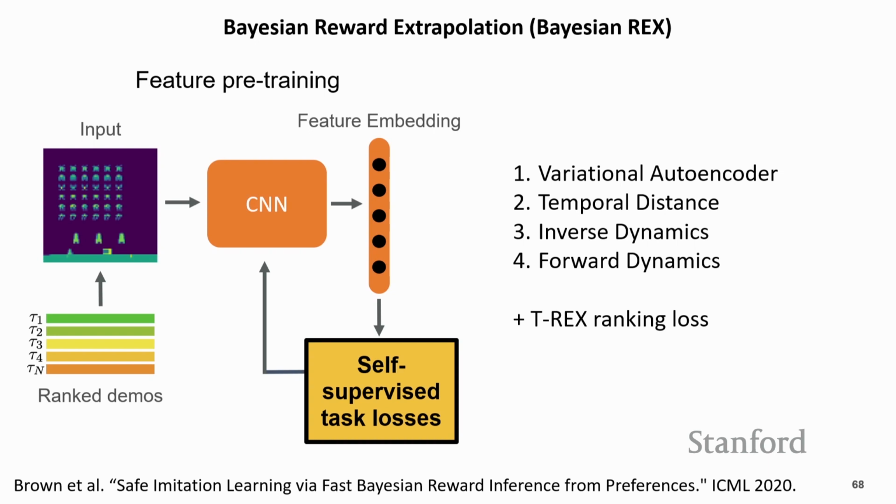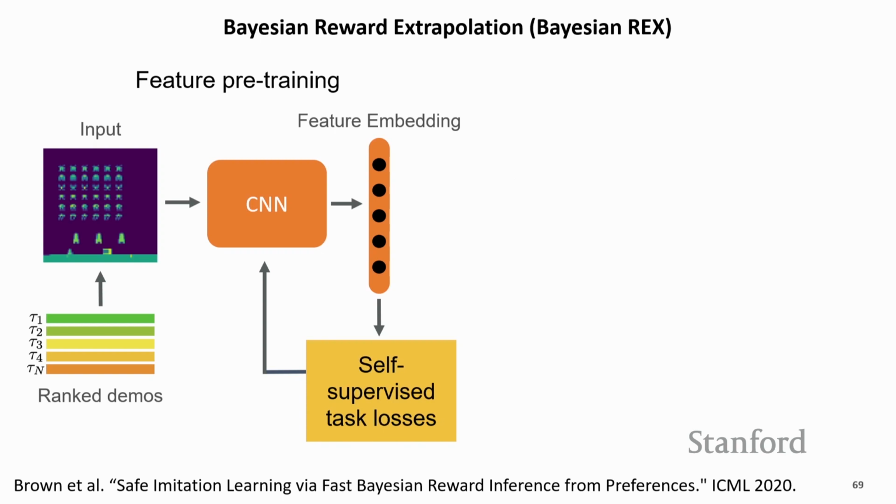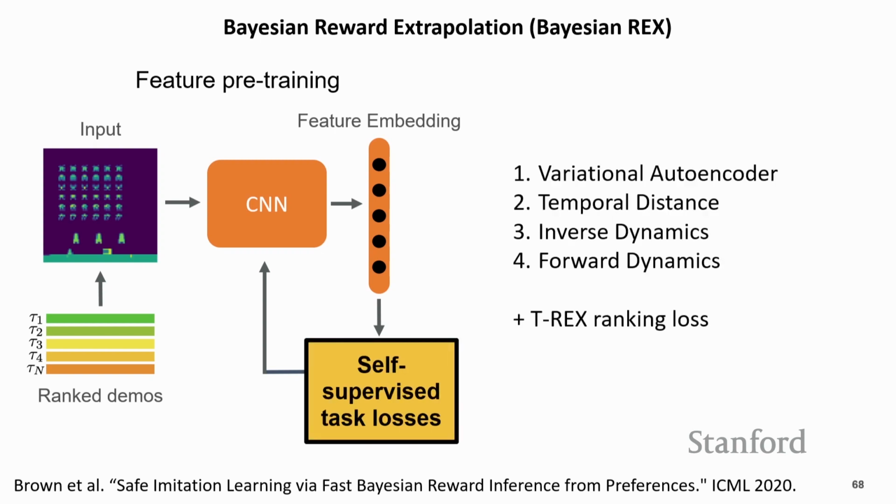Whereas if we just use the supervised training data, we might overfit to spurious correlations and focus on just one thing that explains the rankings. So by having this mixture of auxiliary functions, we're able to train a latent space that captures a lot of interesting information relative to a variety of different possible human intentions.